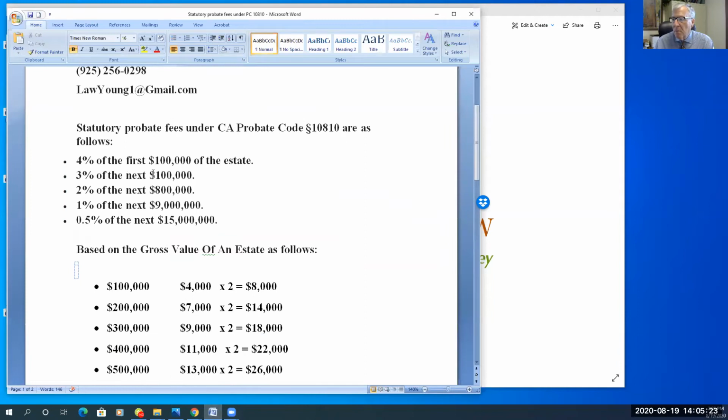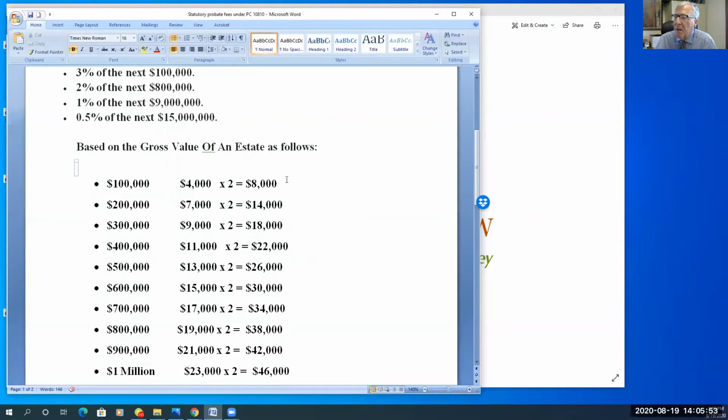So the calculation goes like this: 4% of the first $100,000 of the estate, 3% of the next $100,000 of the estate, 2% of the next $800,000, 1% of the next $9 million, and 0.5% of the next $15 million.